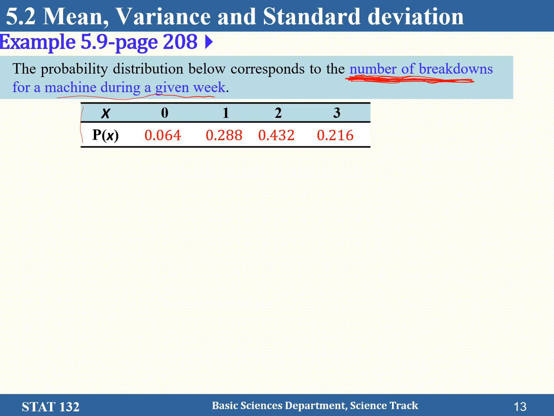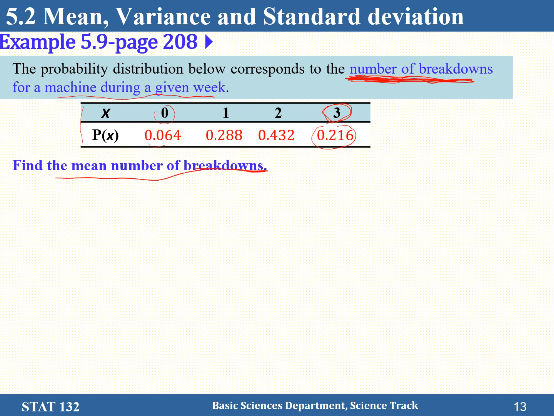So what does this mean? It means the probability that the machine does not have any breakdown is 0.064, and the probability that the machine breaks down 3 times is 0.216.